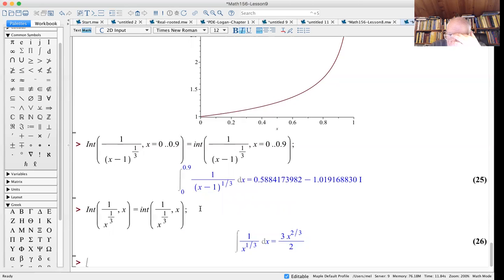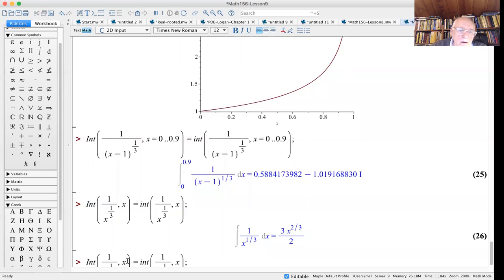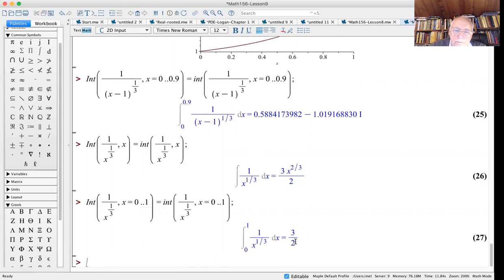Now, if you integrate this from 0 to 1, you get 3/2.